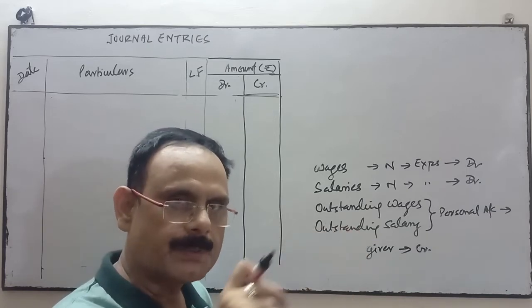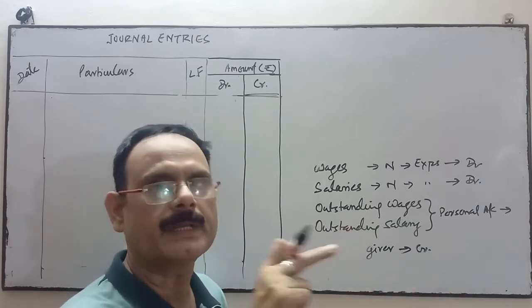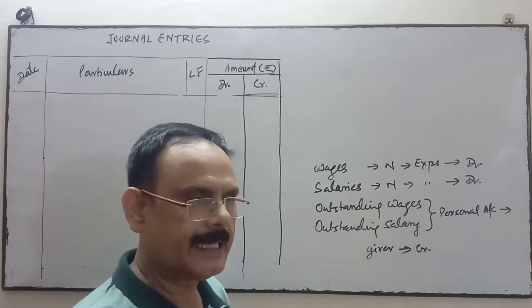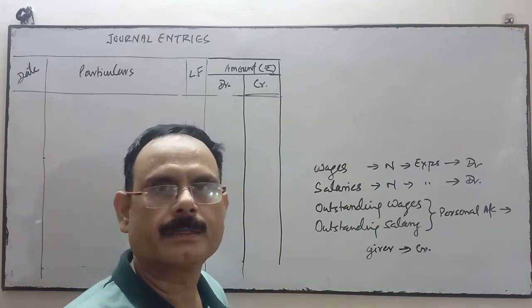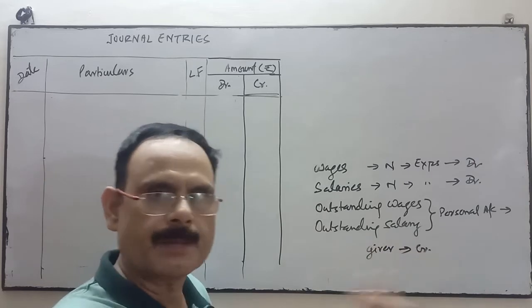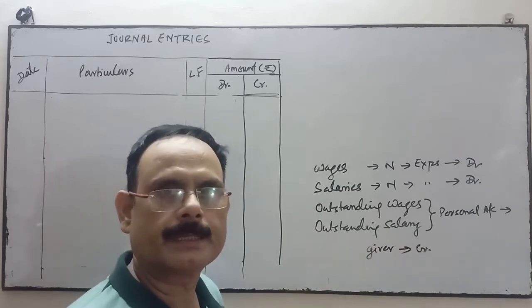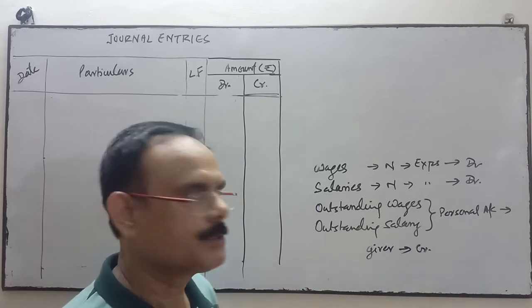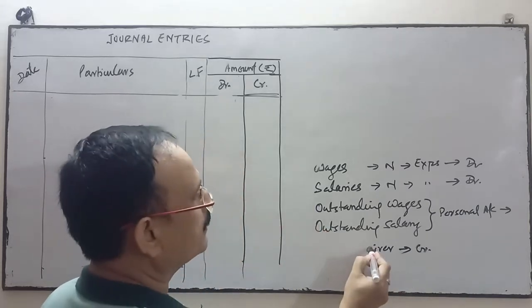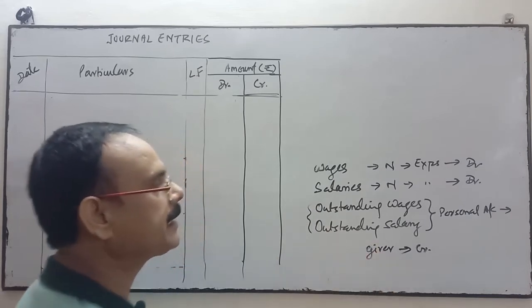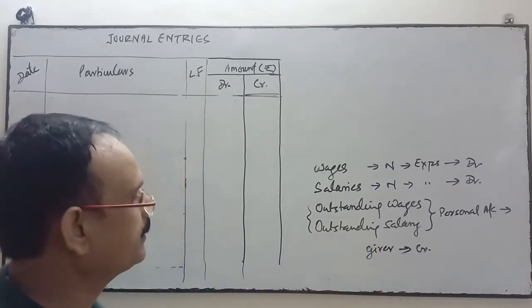They are the giver of that amount. They have not received that amount, so their amount is in my pocket. If anybody's amount is in my pocket, I have to give them, but I have not given them. So they are the giver. Accordingly, these two accounts will be credited because they are the giver. They come under representative person.